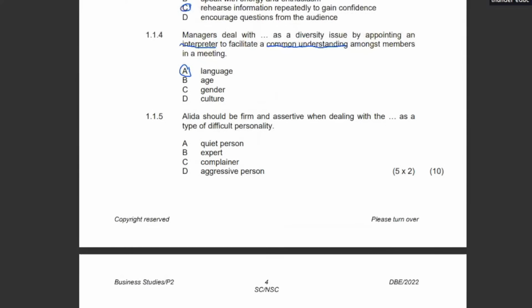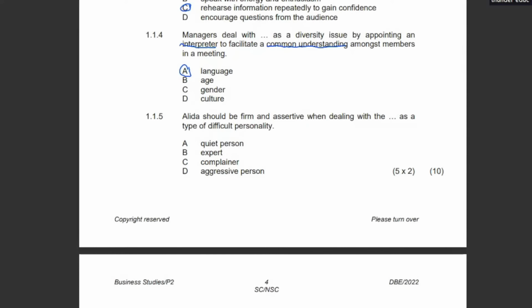1.1.5 reads as follows. One, a leader should be firm and assertive when dealing with the dash as a type of difficult personality. Remember, at the workplace, there are different people who do possess different personalities.